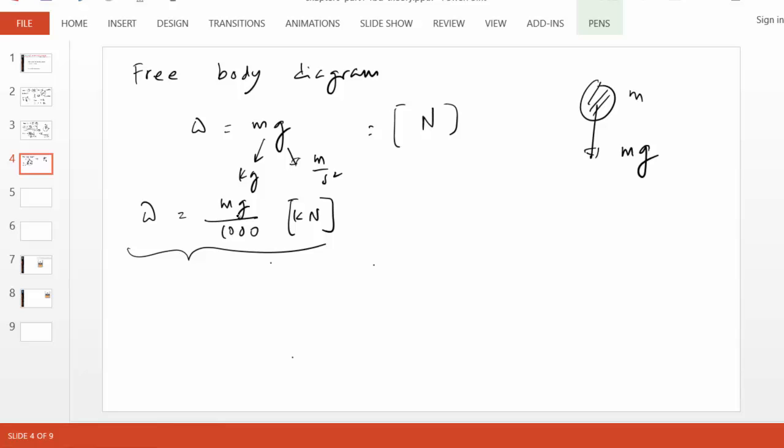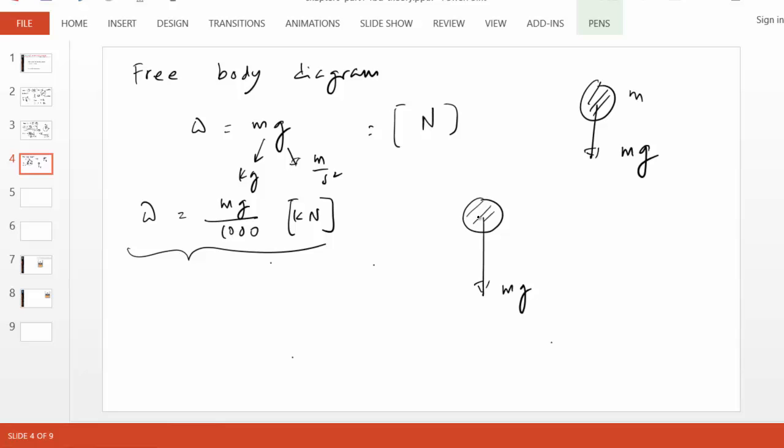So let's understand why small g is called acceleration due to gravity. Suppose I'm holding this body in my hand. That means Earth is pulling it with a force mg, or mg over 1000. And if I'm holding it in my hand, that means what? It must not be accelerating, right? It's in force equilibrium.